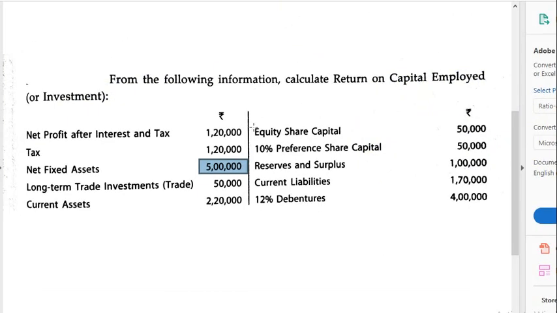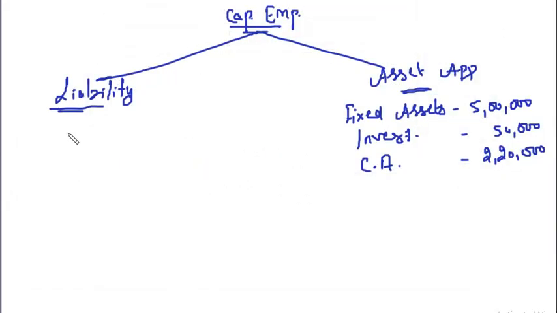Next, equity share capital of 50,000 and preference share capital of 50,000. This will come under liability approach. Just remember the balance sheet format that you have been preparing. Right? Here you have equity share capital of 50,000.